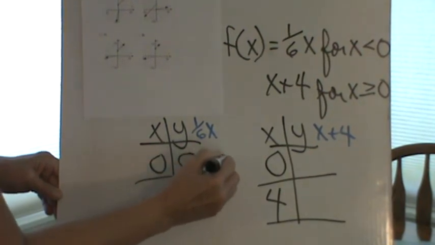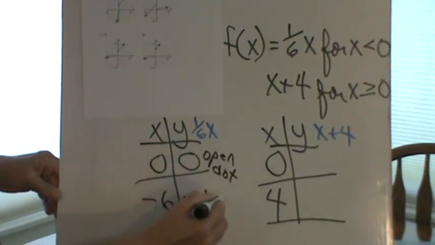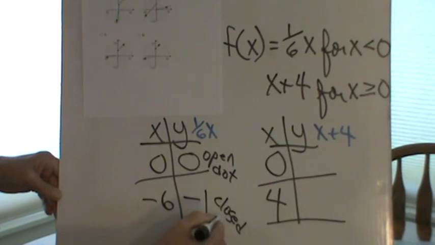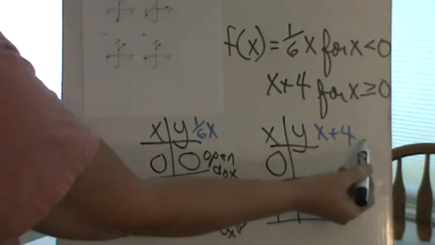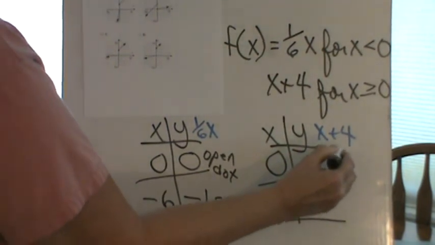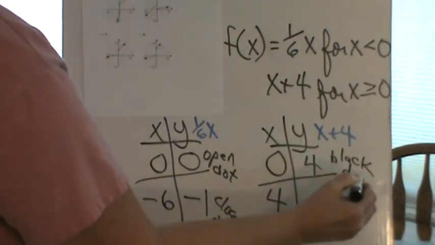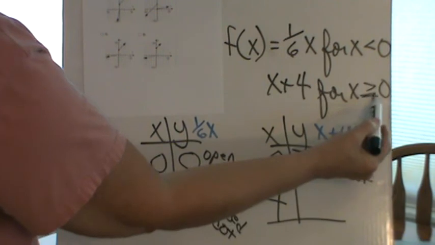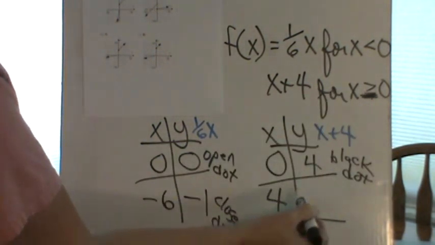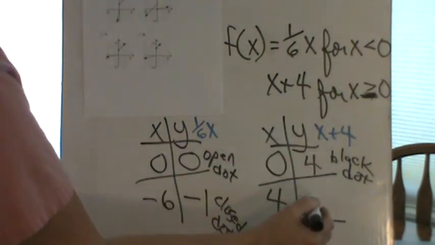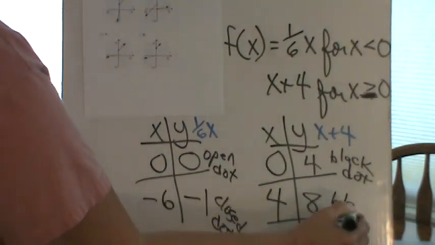This one's an open dot, but this one gets to be a closed dot. Over here, when you put in 0, you're going to add 4 to it, but that gets to be a black dot. How do I know? Because it's got an equal to bar right there. Greater than 0, I chose 4. 4 plus 4 is 8, and that one's going to be a black dot.